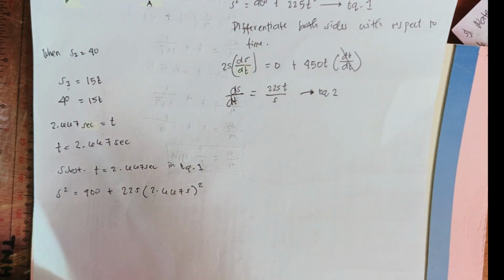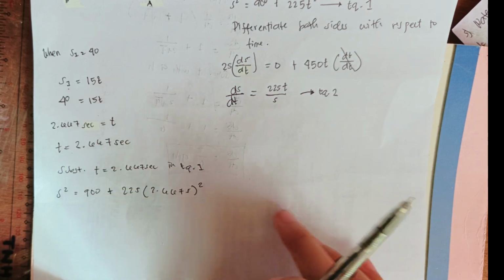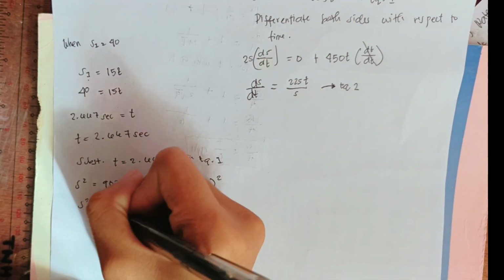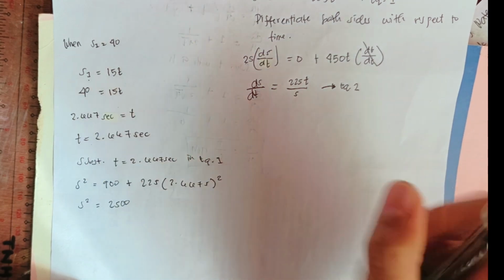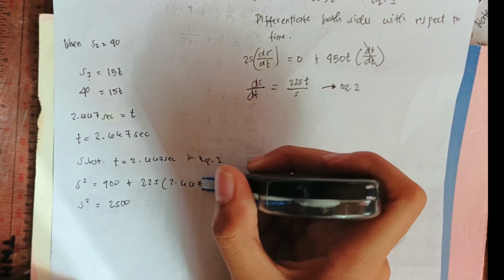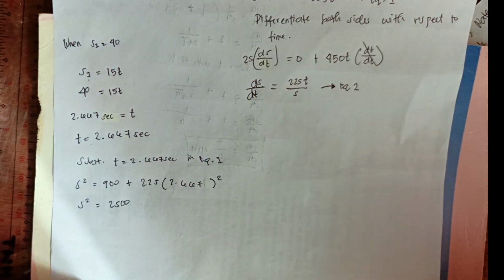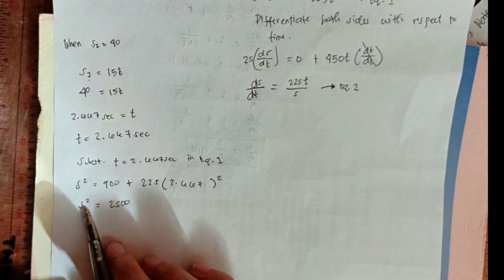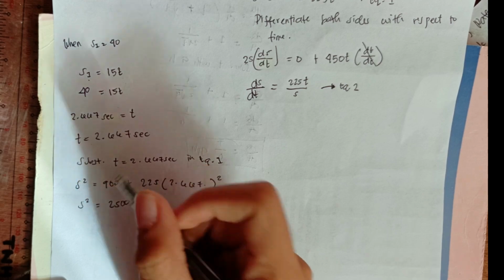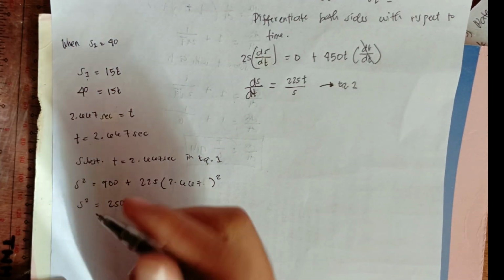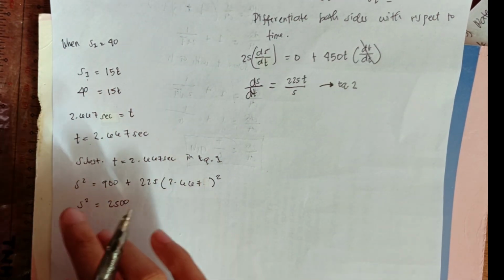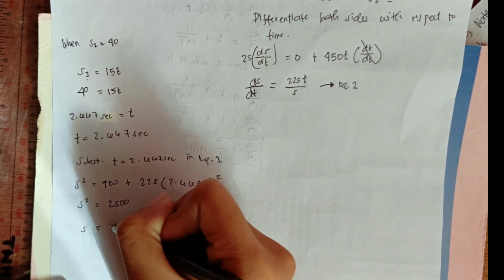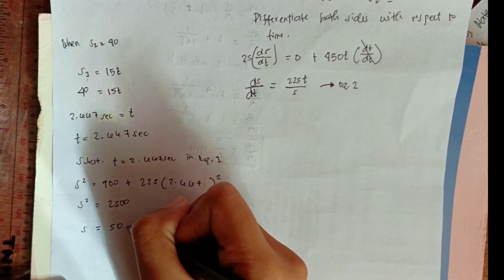So, next is, after ito siyang makalculate, makakwanta og 2,500. So, S squared equals 2,500. So, after ani, para S na nato mabilin, ito siyang i-square root. So, after aning ma-square root yung 2,500, mabilan tawag S equal to 50 feet.